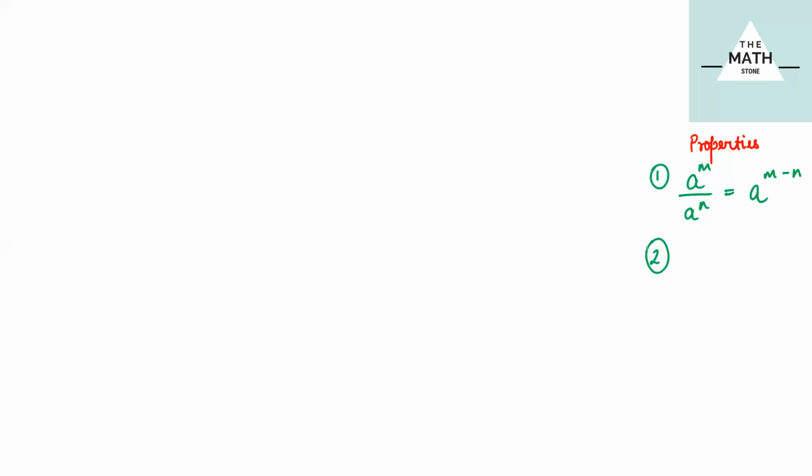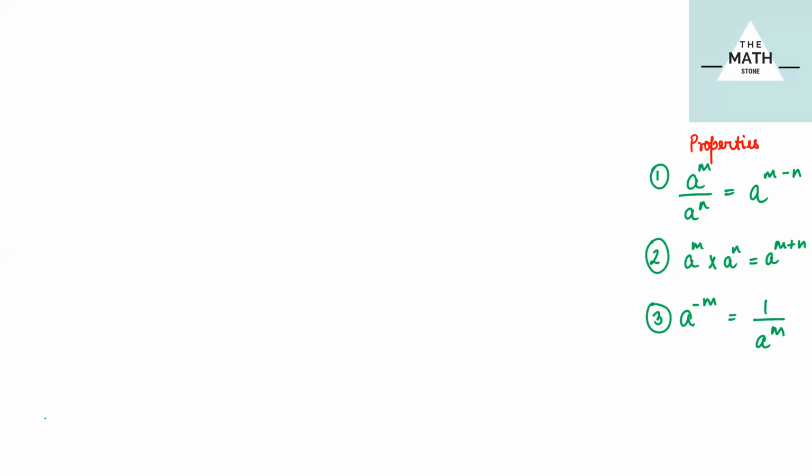Number 2 is multiplication property. A raised to m times a raised to n equals a raised to m plus n. And number 3 that we are going to use is a raised to negative m equals 1 over a raised to m.